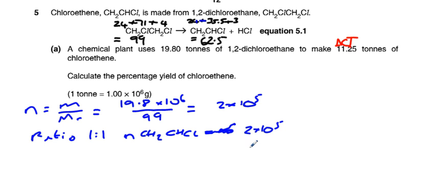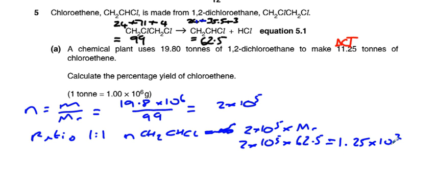If I times that by the MR, so moles times MR, so 2 times 10 to the 5 times 62.5, which I calculated already up there, I get 1.25 times 10 to the 7.